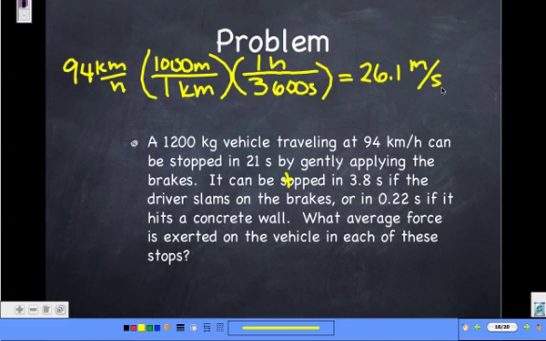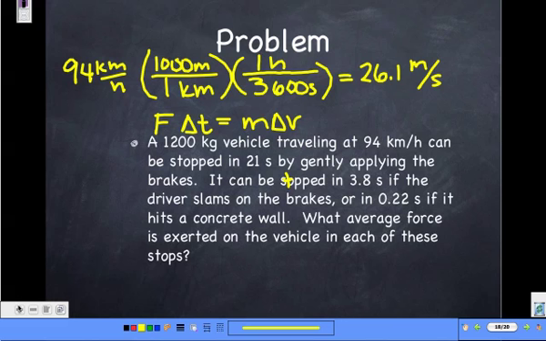Now what? What are we going to do with that? We're going to take the mass times the velocity divided by time. Yes, we can have this all set up because we're looking for average force, so we can do this whole equation here, set them equal to each other since they both are impulse.